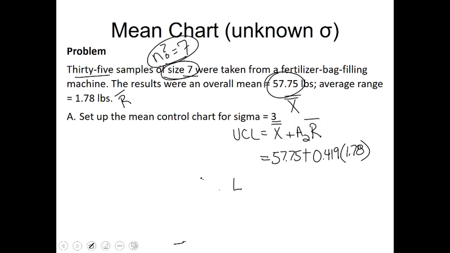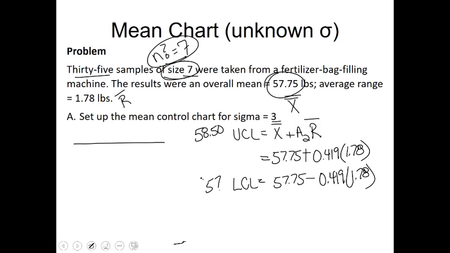We're ready to go. I'm going to go ahead and put the LCL formula in. 57.75 minus the same values. Plug those into our handy dandy calculator, and I get an upper control limit of 58.50. I get a lower control limit of 57.